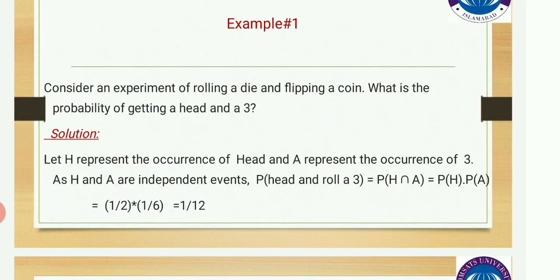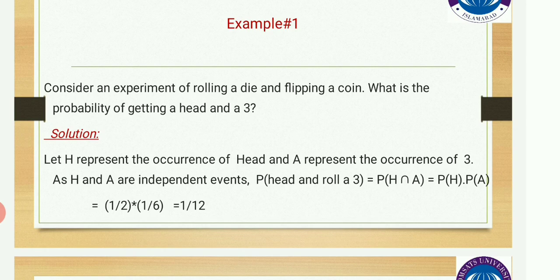Example number 1. Consider an experiment of rolling a die and flipping a coin. What is the probability of getting a head and a 3 on a die?